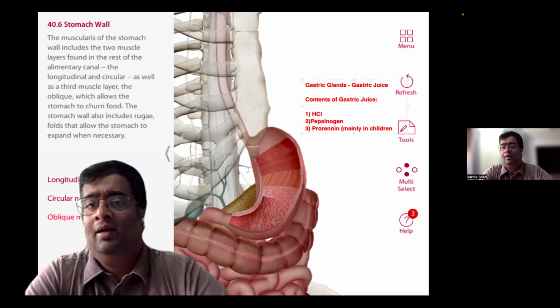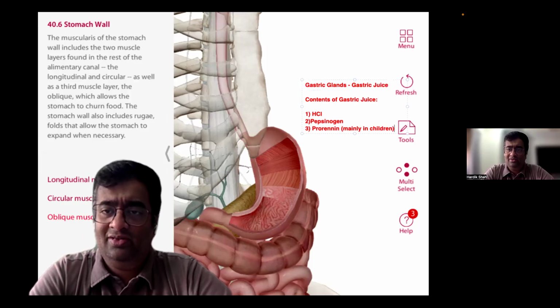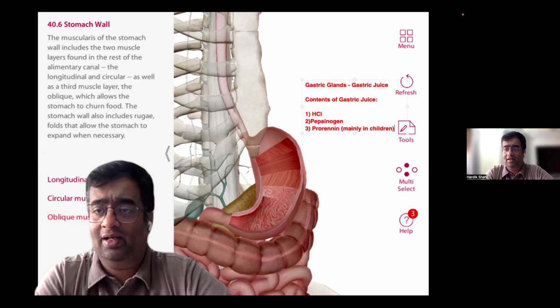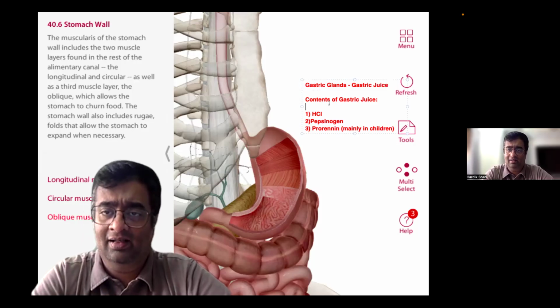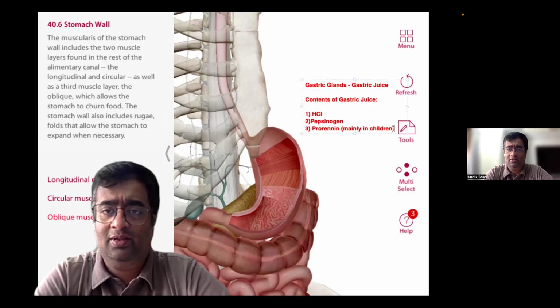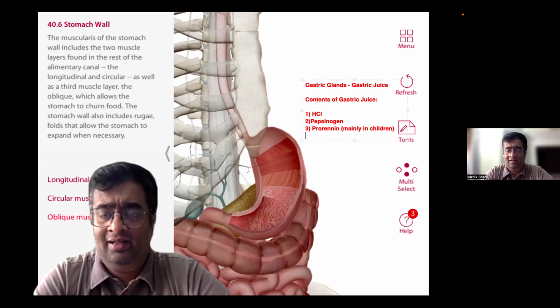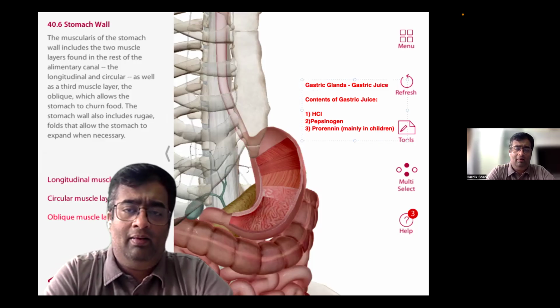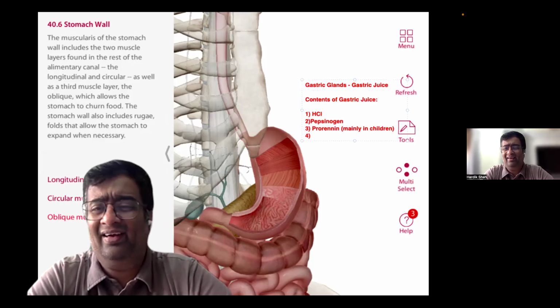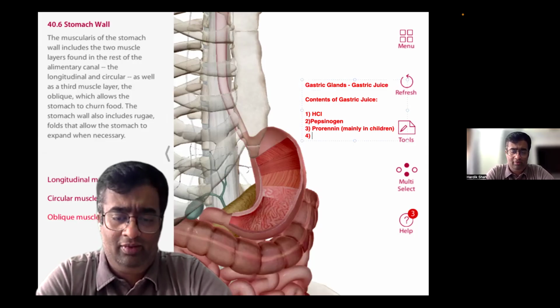This prorenin is responsible for breaking down milk protein, but it is an inactive enzyme. It is converted back to the active form by HCl. Just like pepsinogen is converted to pepsin, prorenin has to first be converted to renin. And the fourth action of hydrochloric acid is to kill any germs or bacteria that we have accidentally ingested along with food.